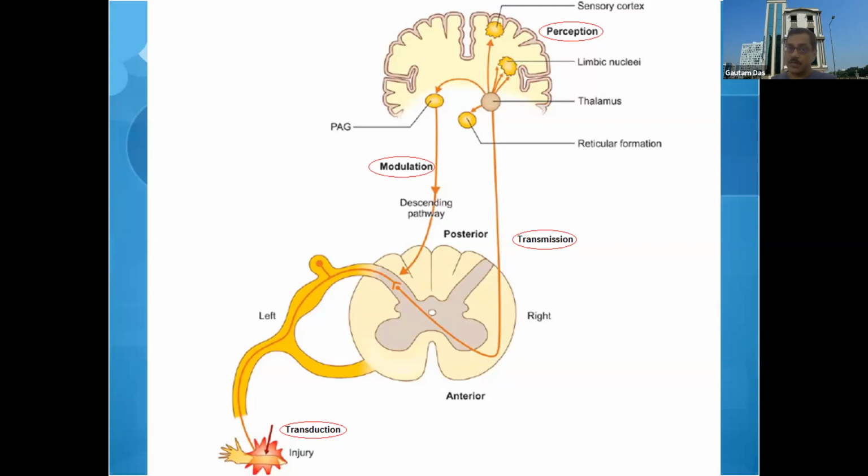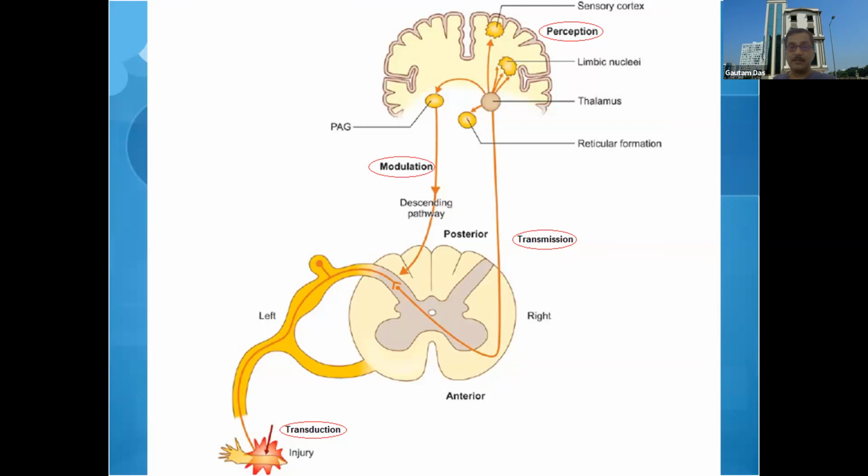There are nociceptors. Nociceptors are the receptors which transform different forms of energy into electrical energy. So this transduction process is the conversion of different kinds of energy into an electrical signal. So what are these different kinds of energy?